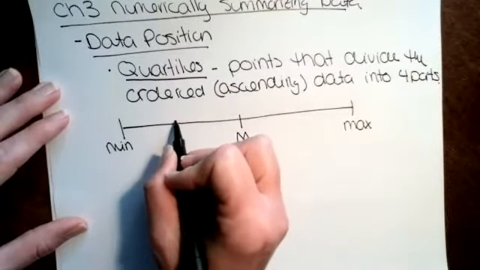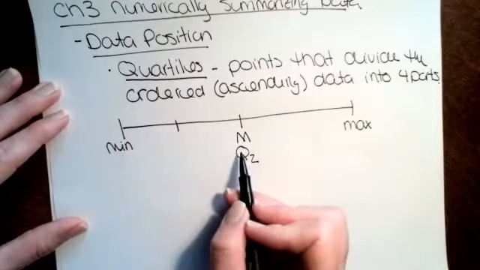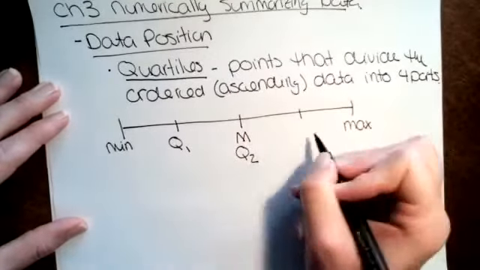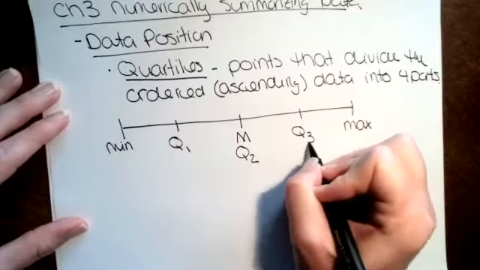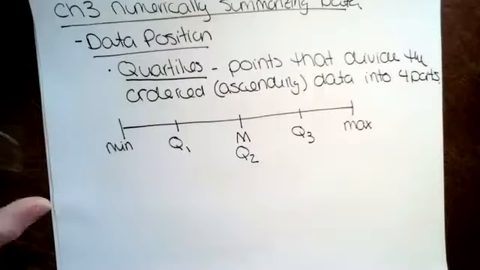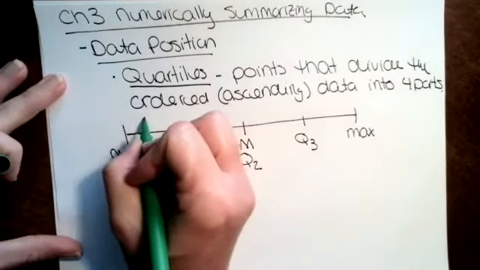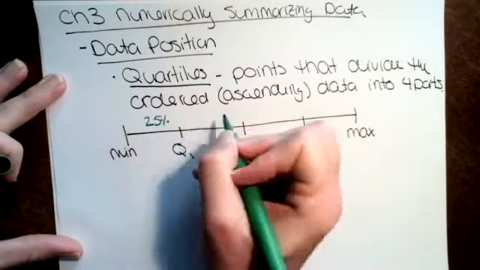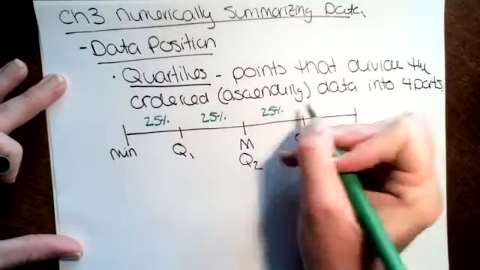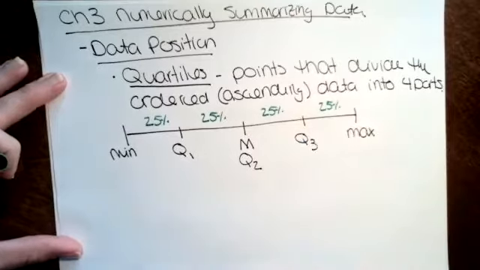Then here on the left between my min and my median will be quartile 1, and between the median and the max will be quartile 3. Now, this breaks my data into quarters. So it's 25% here, 25 here, here, and here.